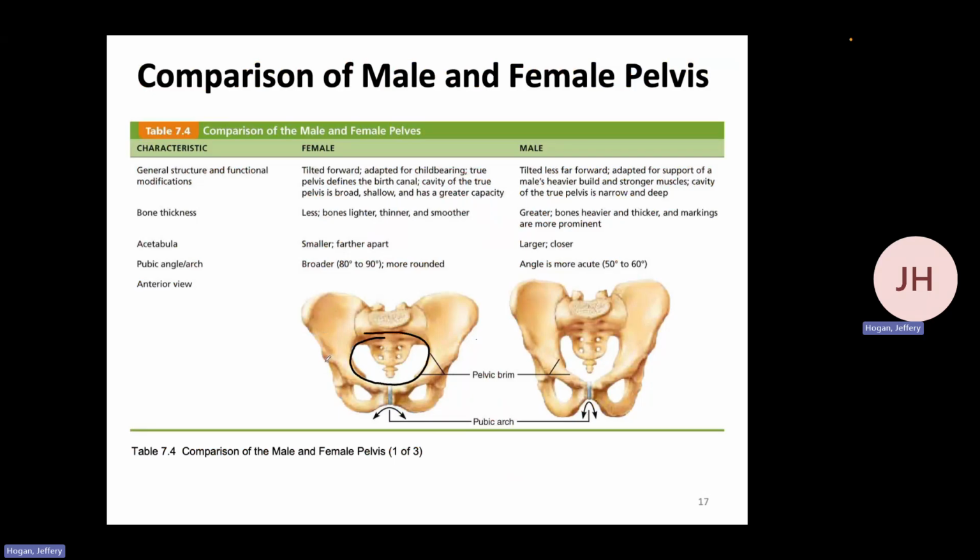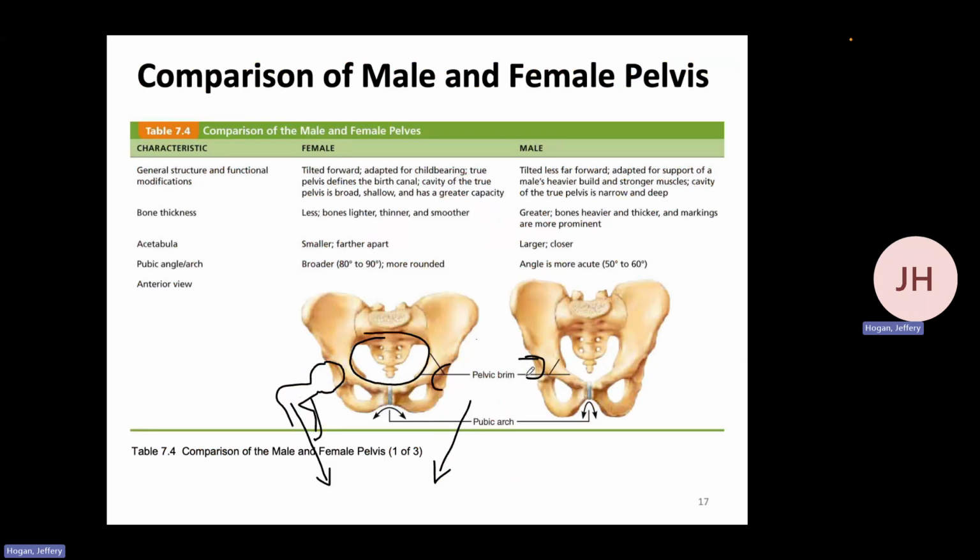The acetabula, the sockets here for the hips, are a little bit smaller to reflect the overall smaller bone size in females, and they are further apart. So if we were to draw a femur in here, this is going to have the effect of making the femurs hang a little bit down toward the middle because the hips are wider, whereas in the male pelvis, the hips are a little bit narrower.